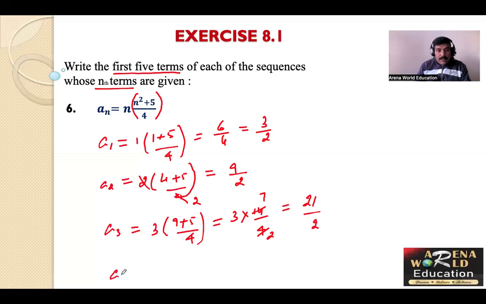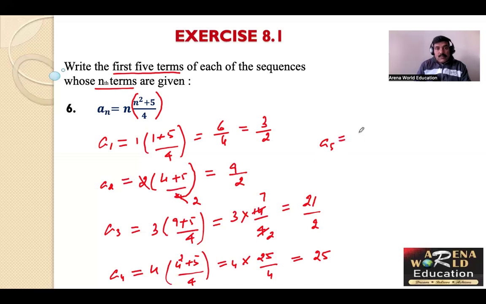So now A4. A4 will be 4 into 4 square. So I'm writing in this way. So now this will be what? 4 into 4 4s are 16, 16 plus 1, 25 by 4, right? So this will be simply 25. Now last term, A5.